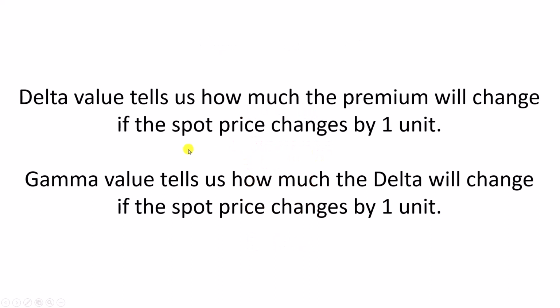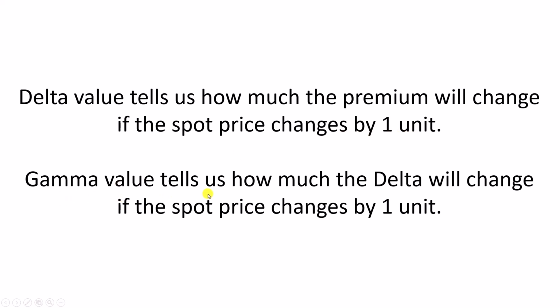Now, what is delta? Delta tells us how much the premium will change if the spot price changes by 1 unit. That is what we have learned, correct? Delta value tells us how much the premium will change if the spot price changes by 1 unit. That's all. Now, what is gamma then?